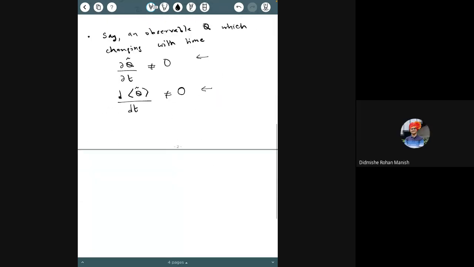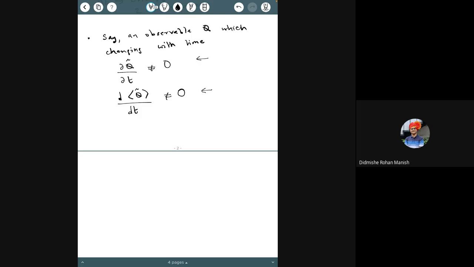Ma'am, but how does it make sense to say that the operator is changing with time? I mean, an operator is an instruction for the wave function, right? So should it be the operator acted upon the wave function that is changing with time? That is the second one. The first one is where it's a time dependent operator. Can you give an example?